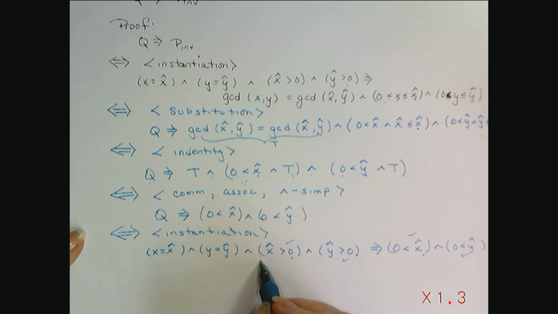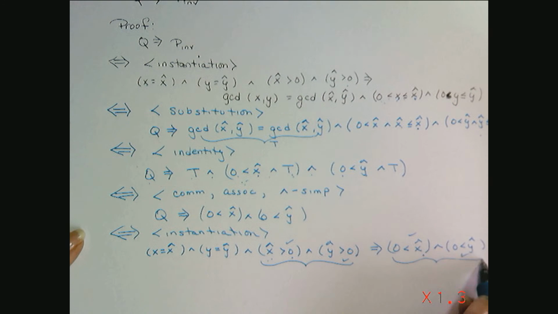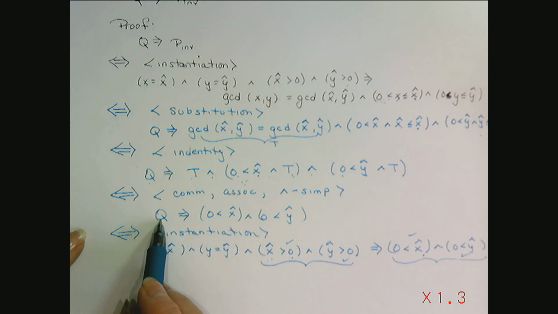And so our two sub-expressions have some commonality. Commonality being they both have x hat greater than 0 and y hat greater than 0 involved. But the precondition has an extra.